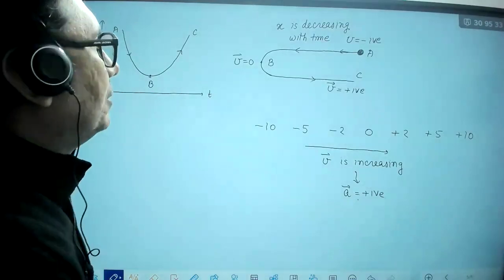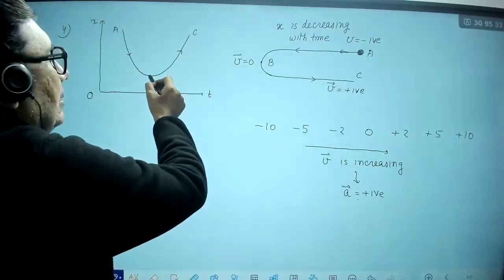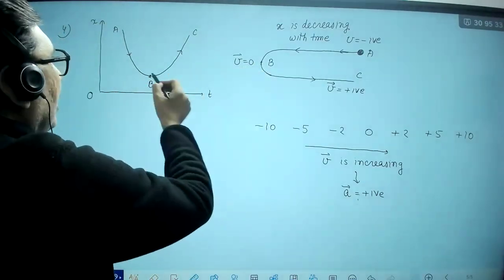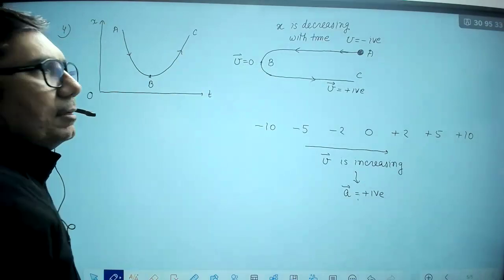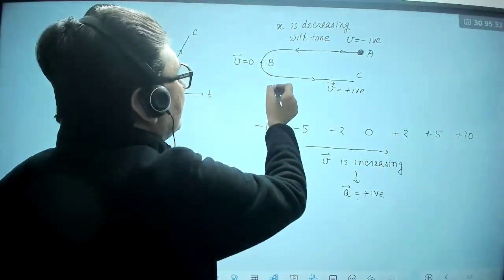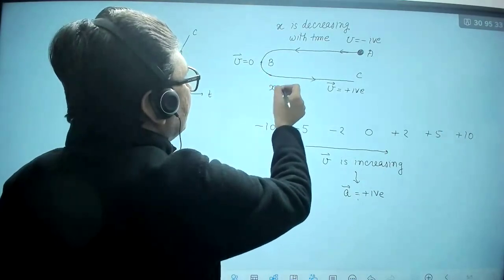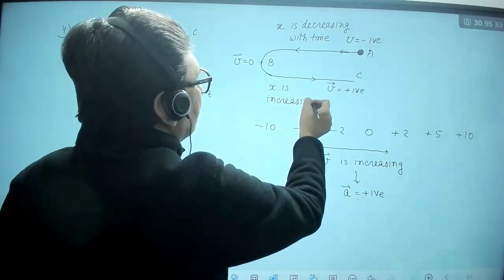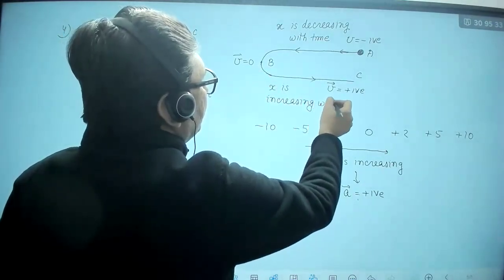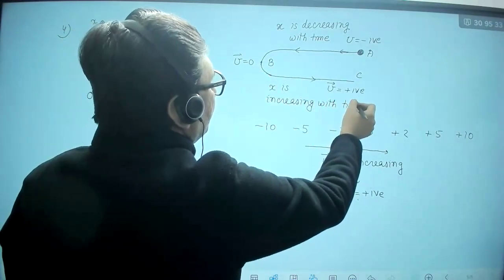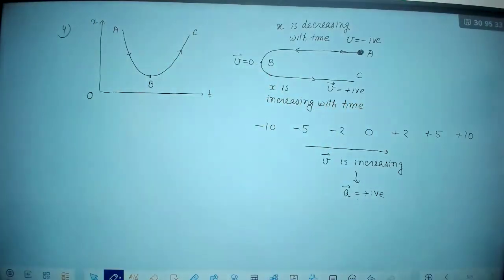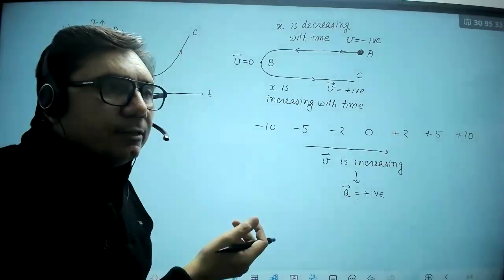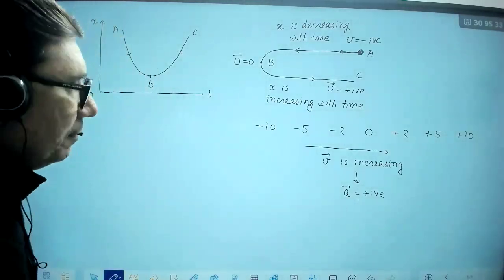And here, velocity becomes 0. Here, slope is 0. So velocity is 0 at point B. After that, x is increasing with time. So particle is moving in plus x cap direction because x is increasing with time. Okay? Then can you tell me where is the retarding zone and where is the accelerated zone here?